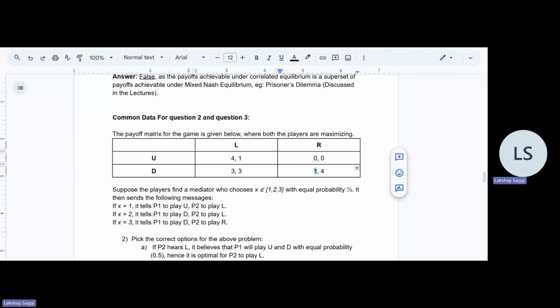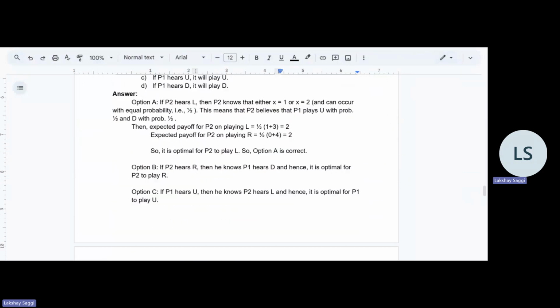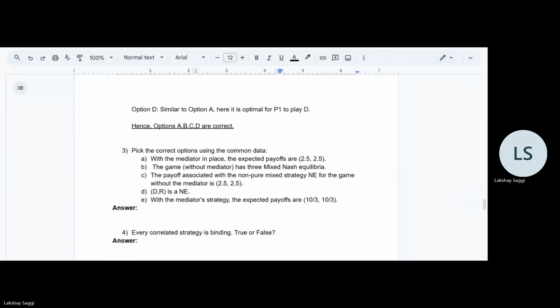And similarly, what will be the payoff of player 2? For player 2, in U, L, it will be 1. Then D, L, it will be 3. So 1 plus 3, plus 4, which is 8 by 3. So both the players get a payoff of 8 by 3. So it's not 2.5, 2.5, but rather something else.